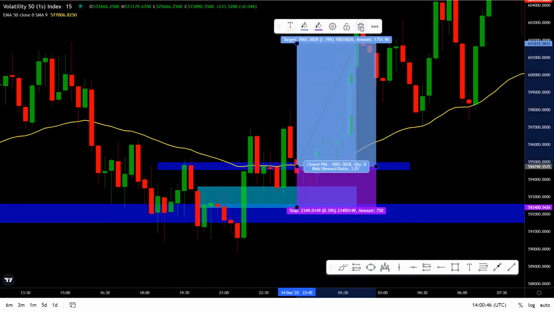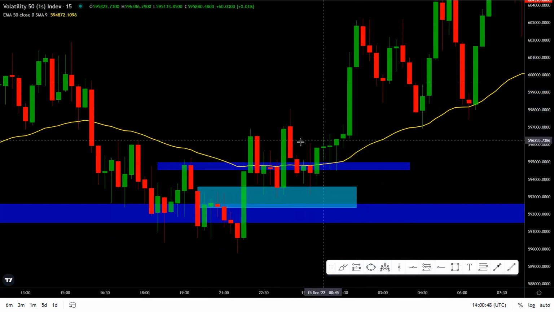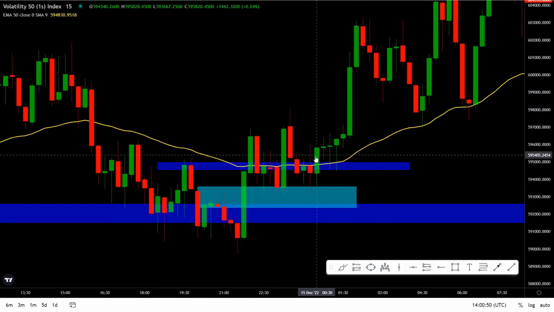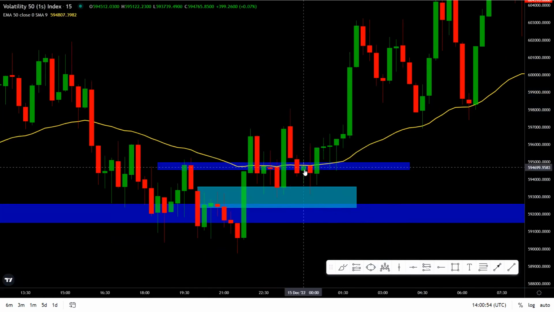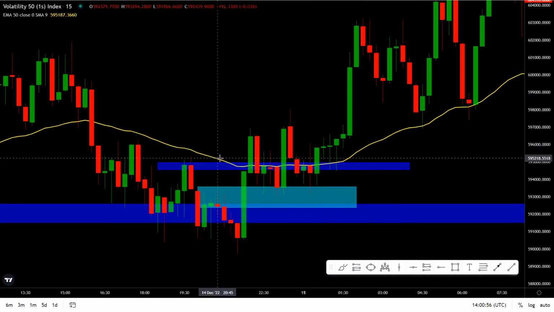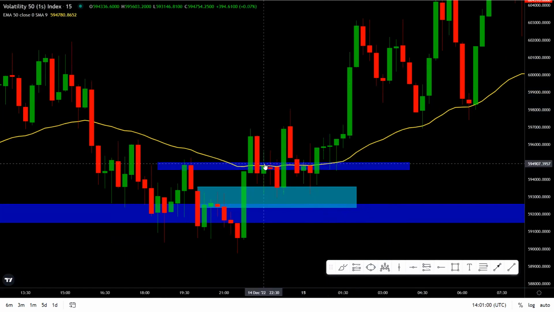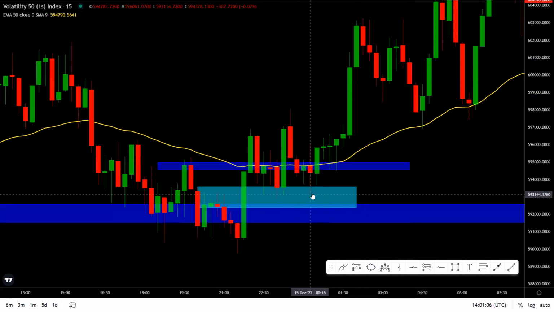Then take note, guys, the perfect entry signal would be the bullish engulfing candlestick that formed off the 50 exponential moving average retest, coupled with the fact that we're testing a previously broken resistance now turned support.